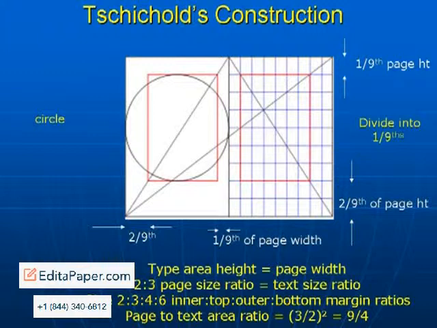The centre of this circle allows you to draw a circle which touches, okay, so its diameter is the page width, and its diameter is therefore a way to work out the text height to make sure it's the same as the page width.